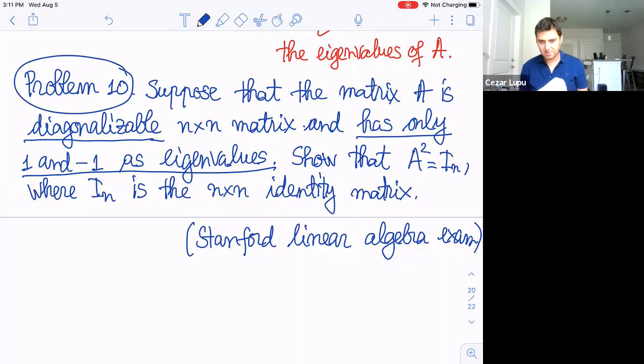I have plenty of other examples, but I wanted to do this one because it's a very nice problem. So this is a proof type question.